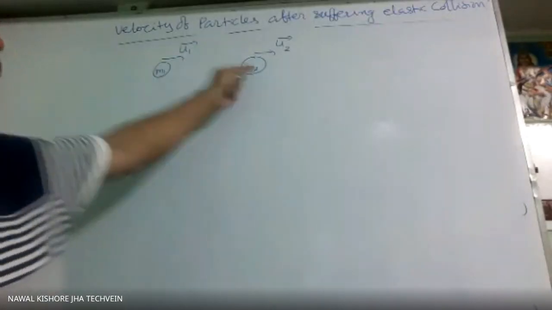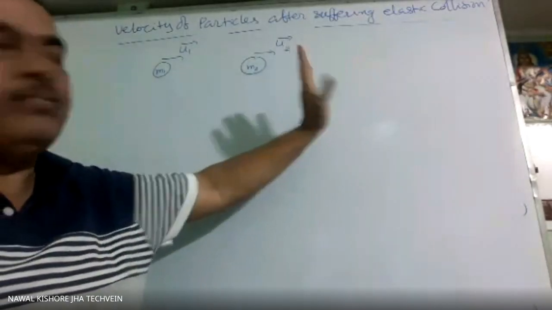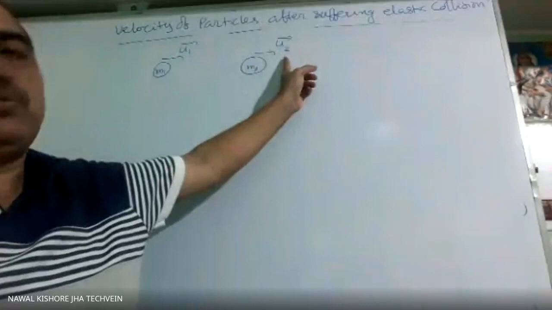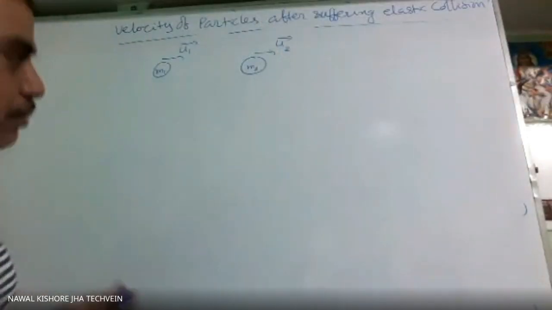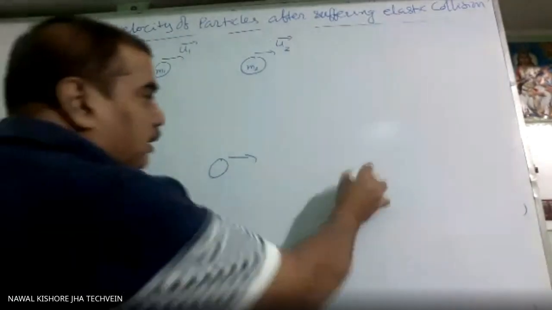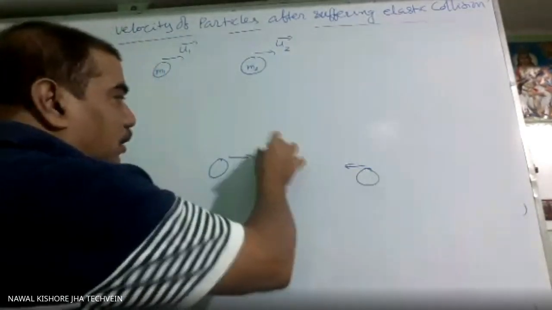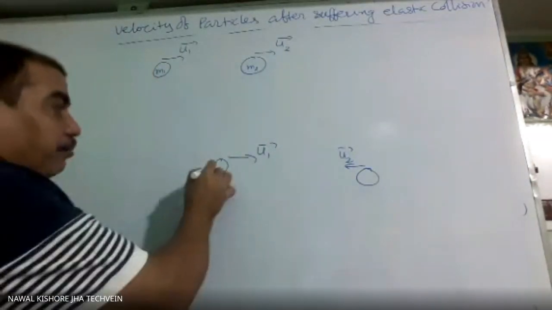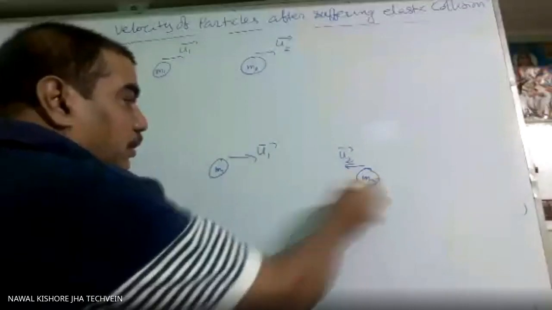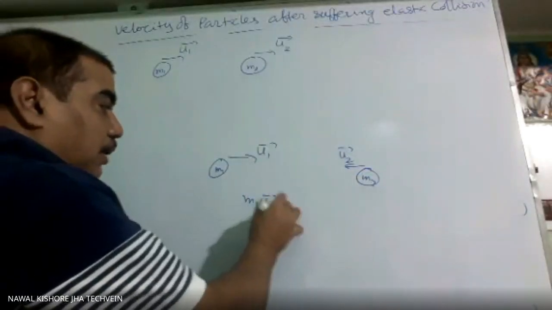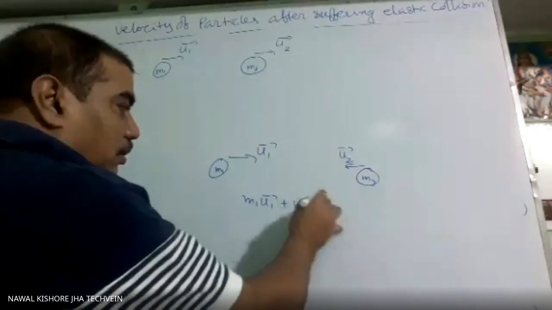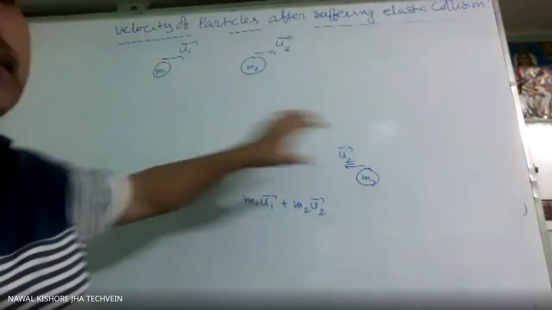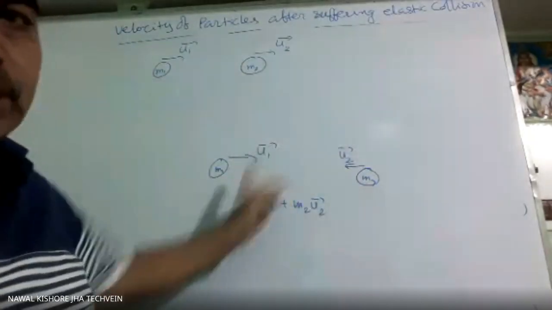Here u1 and u2 both have the same direction. If you are taking this direction positive, this is also positive. But if one is coming from this side and another from the other side, suppose this is u1 and this is u2, then what will it be? When we say linear momentum, it is the vector sum of m1 u1 and m2 u2. So the magnitude will actually be the momentum of this minus the momentum of this, because they are opposite.